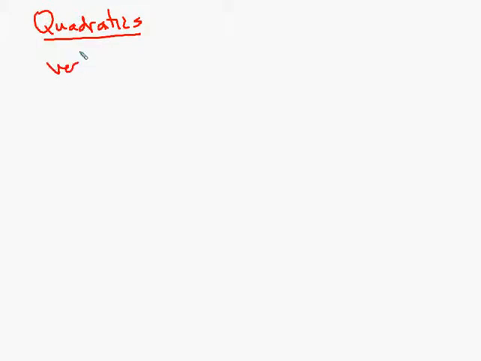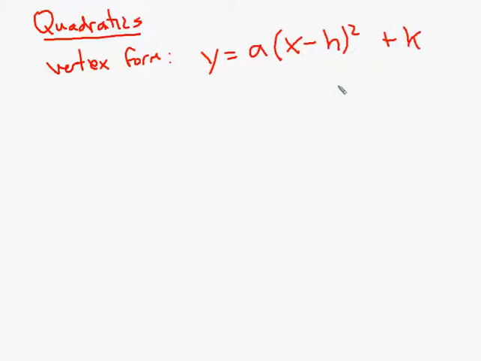We're going to have a vertex form for quadratics as well, as we did for absolute value. And it's going to be y equals a(x minus h) squared plus k.